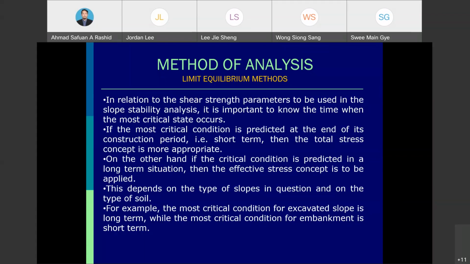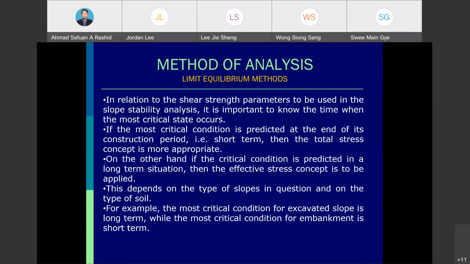This depends on the type of the slope excavation and on the type of soil. For example, the most critical condition for an excavated slope is long term, while the most critical condition for an embankment is short term. Normally, right after we complete the construction of an embankment, it will be open to the public, or to the road users. So that is the most critical situation that we need to consider.